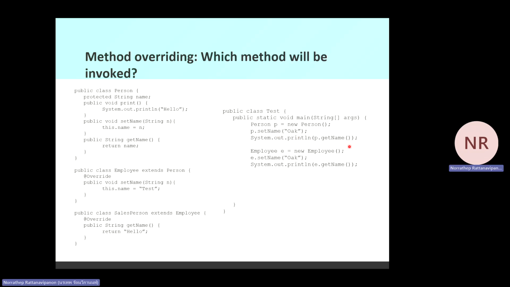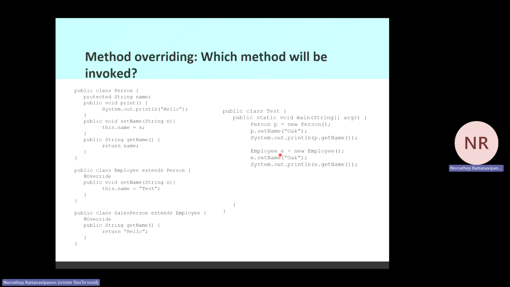What do I get? Once you do set name, it will set the name to Oak. When I get name, it will just return the name, which is Oak. So this line would print Oak.